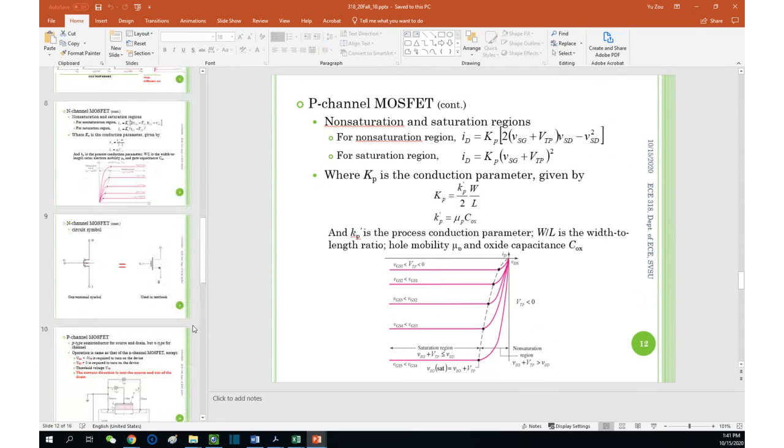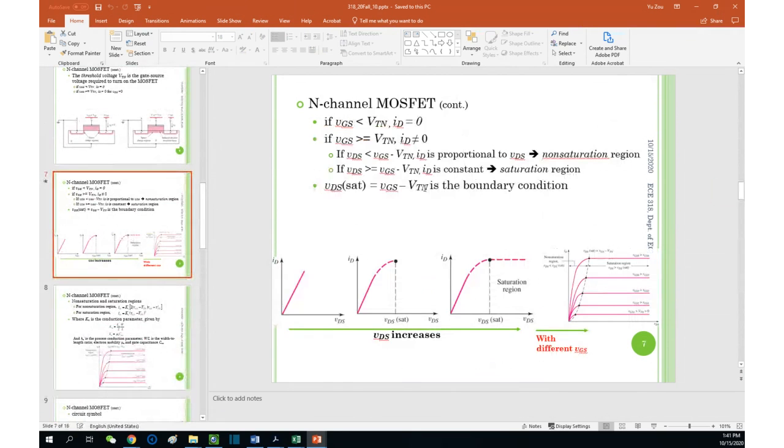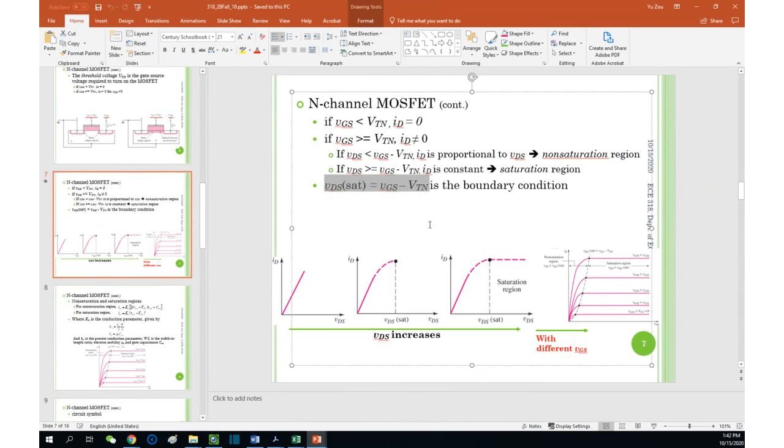And page 7 means this page. This is the saturation boundary formula. You need to use this equation to calculate what this boundary is, and then use your VDS to compare with it.